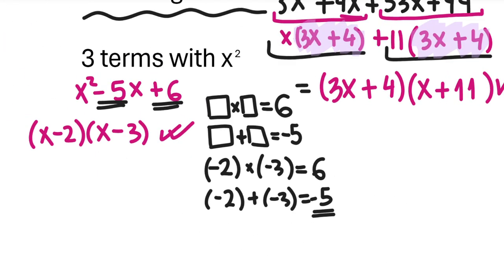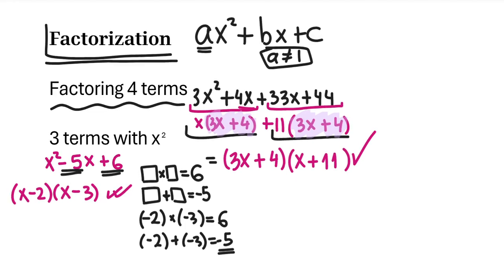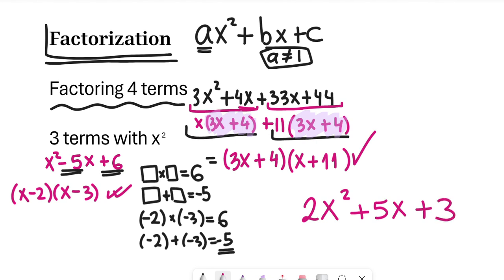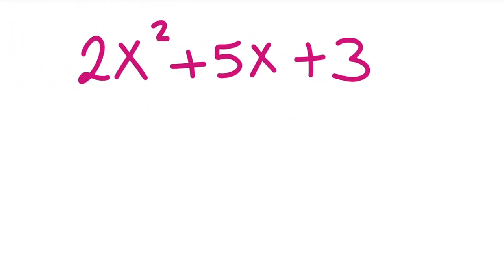But now what if we have a question where the leading coefficient is not 1 but 2, for example? If we have a question like this, 2x squared plus 5x plus 3, and you try to do the same thing as before, asking what two numbers multiply to get 3 and add to get 5, it doesn't work.